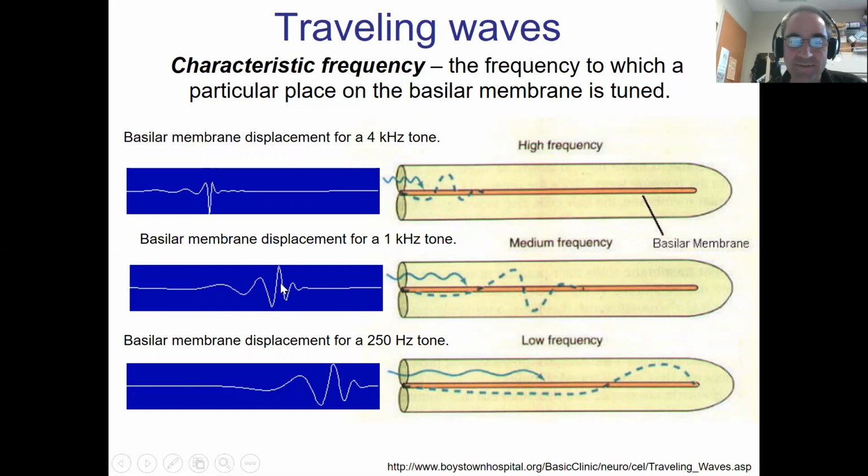So different frequencies make different parts of the basilar membrane vibrate, and that's important for the way sound is processed and the way that we perceive sounds.